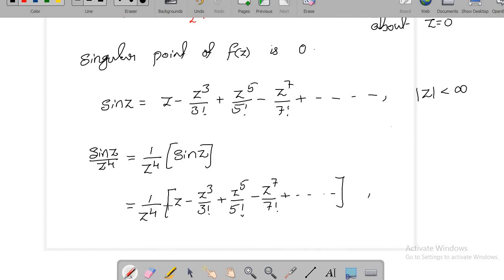But when it comes to validity, this expansion is valid when mod z is less than infinity. That is fine. But 1 by z power 4 is not defined at 0, so we should exclude 0 from the validity. So 0 is strictly less than mod z.